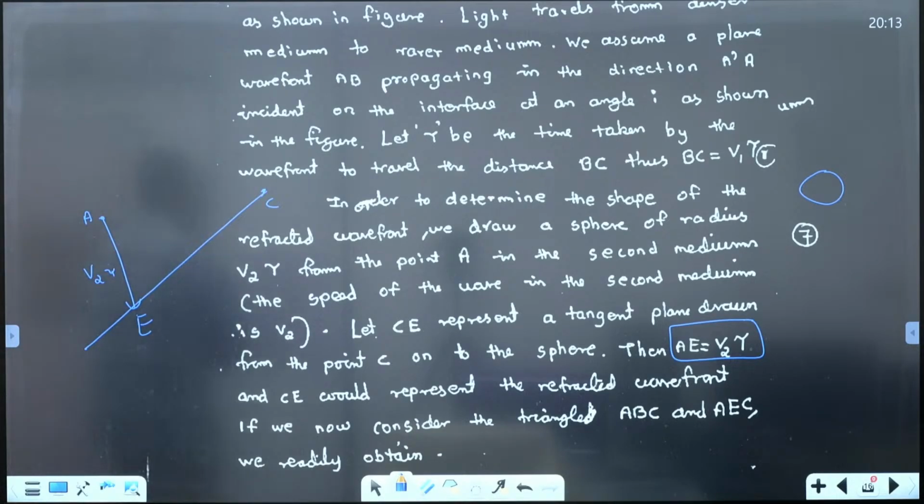Finish the last 2 lines. We are considering 2 triangles. What are they? ABC and AEC.